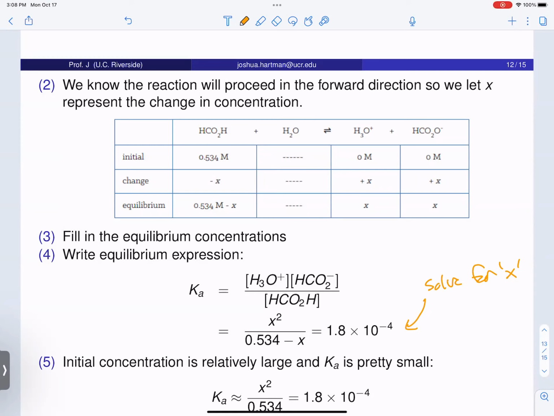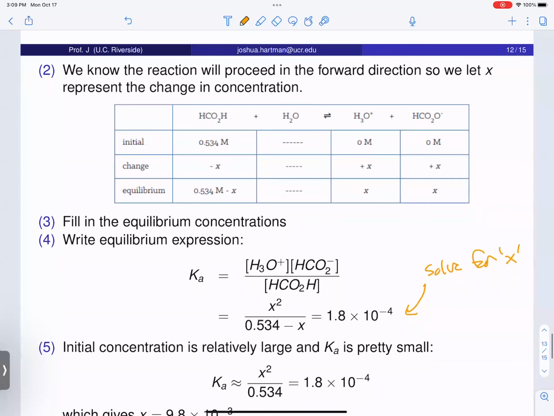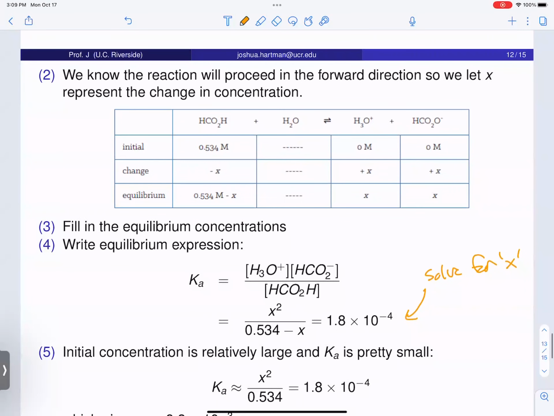And in fact, that is the case, right? Because the Ka value here is relatively small. So if it's a relatively small Ka value, then that means reactants are going to be favored to a large degree. And we started off with a bunch of reactants. So we're going to go ahead and make this assumption that X is negligible compared to the initial concentration.